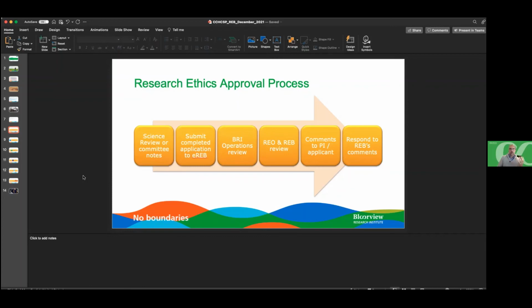In either delegated review or full board review, you're ultimately going to end up with a list of comments and questions from the reviewers that you need to respond to. So not unlike a grant review process or a journal submission for peer review process.